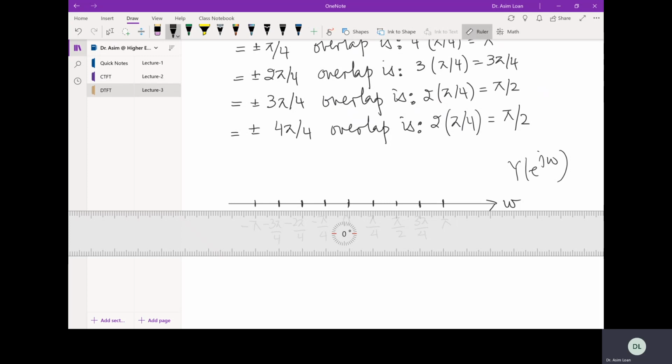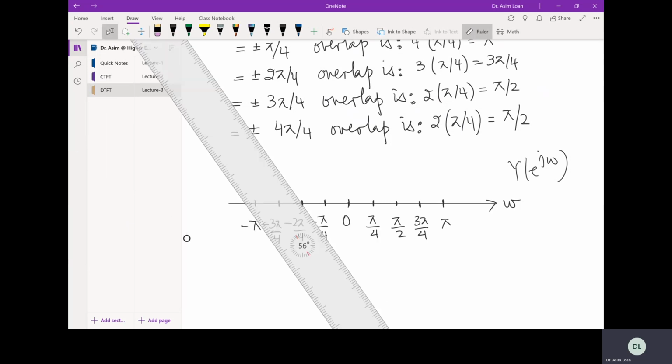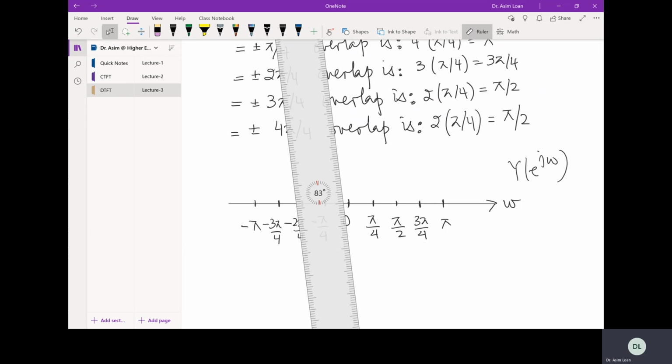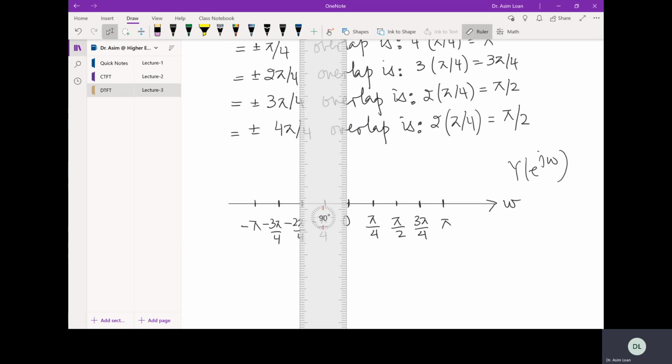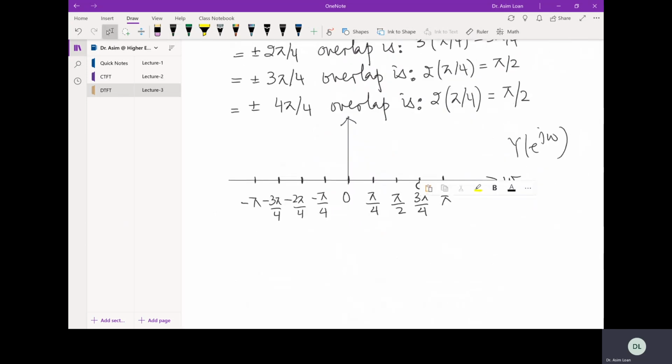Okay, and let me draw a ruler over here too. I need this ruler again.